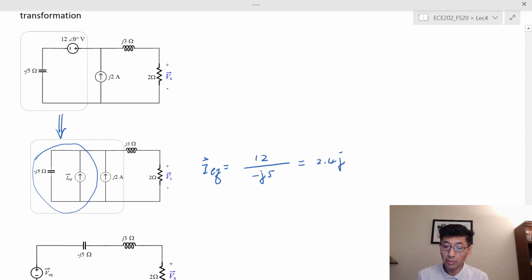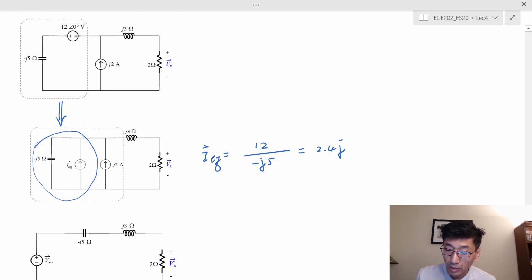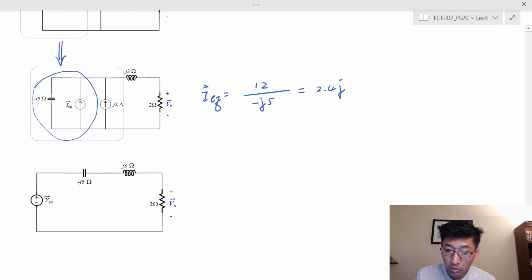Because we multiply by j, and this is j squared, and j squared equals negative 1, and we have negative times negative, and that's positive 1. I have j. So 12 divided by 5 is 2.4, and now I can add these two together. So this is j, this is 2. So these two parallel current sources will become one parallel current source.